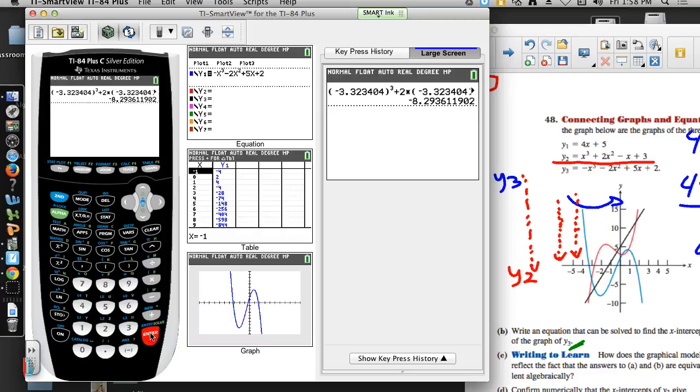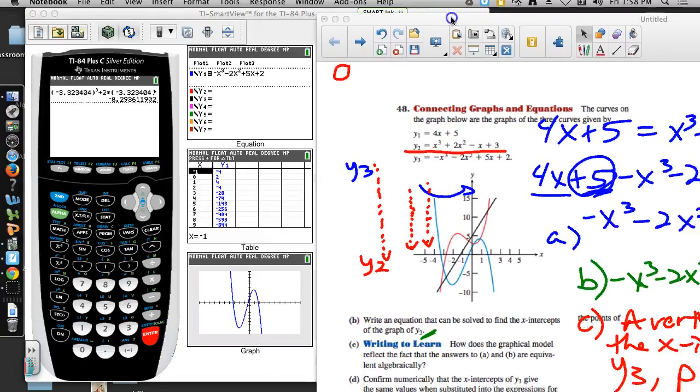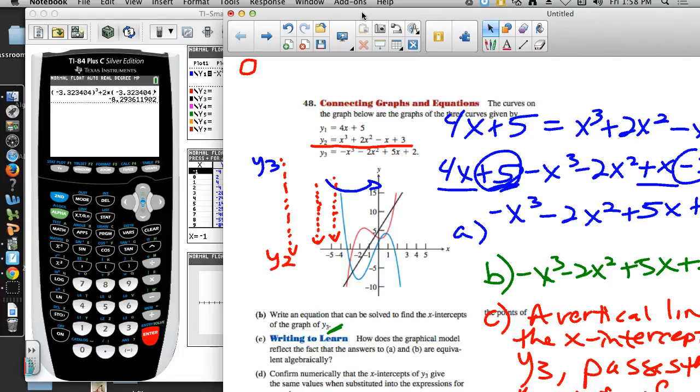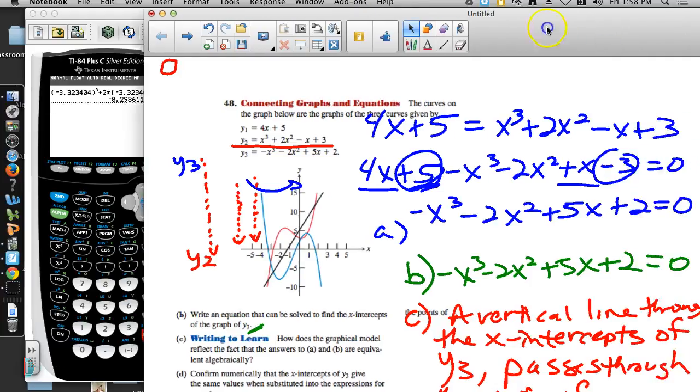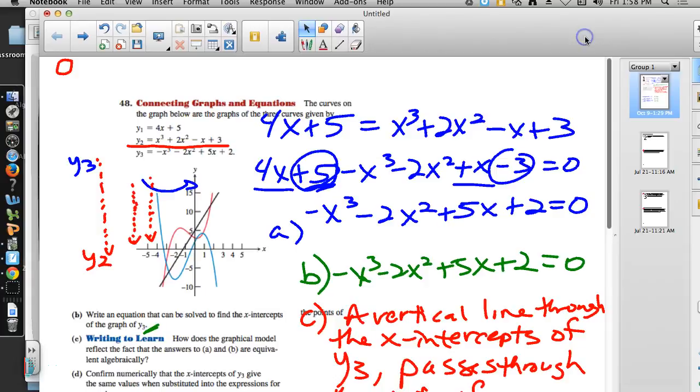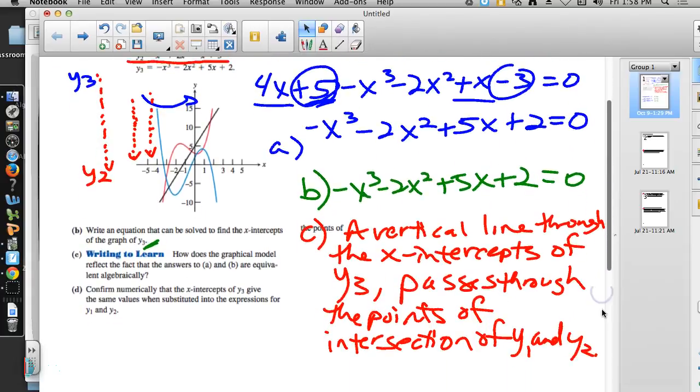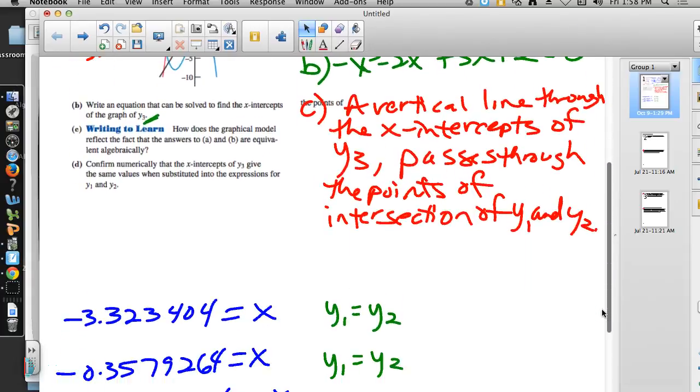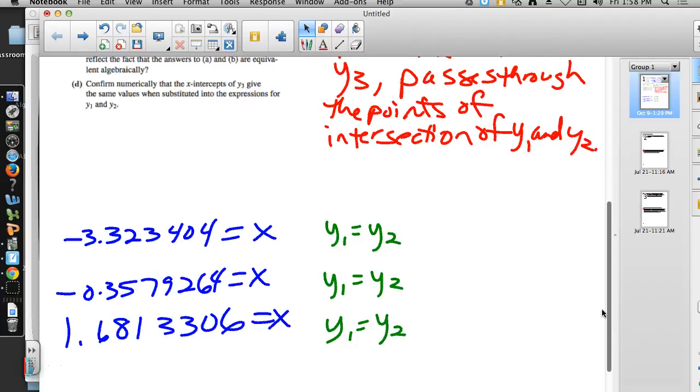And there it is. We get exactly the same answer that we had when we punched in 4 times negative 3.323404. So this is not a pleasant experience to do on this emulator, on the smartboard, because my computer is running so low on memory that it takes forever to get these answers.